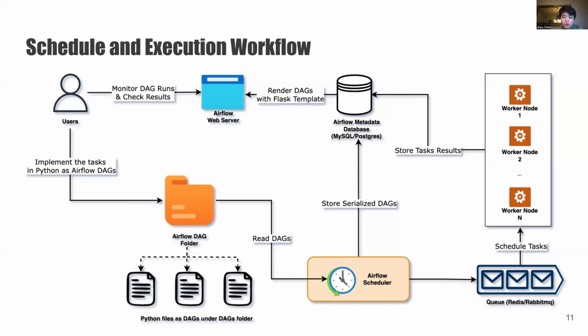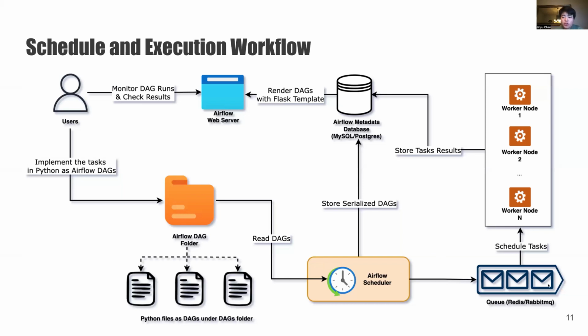The scheduler schedules the tasks depending on the DAG information, like what the start date is and what the execution interval is. It makes sure your DAGs are in order, and then it sends information to the queue.